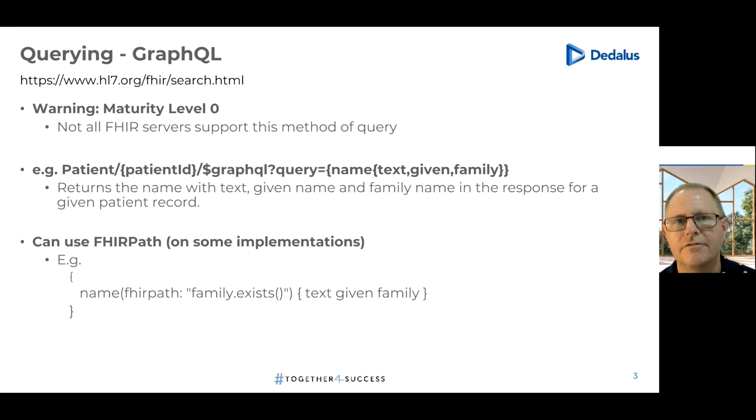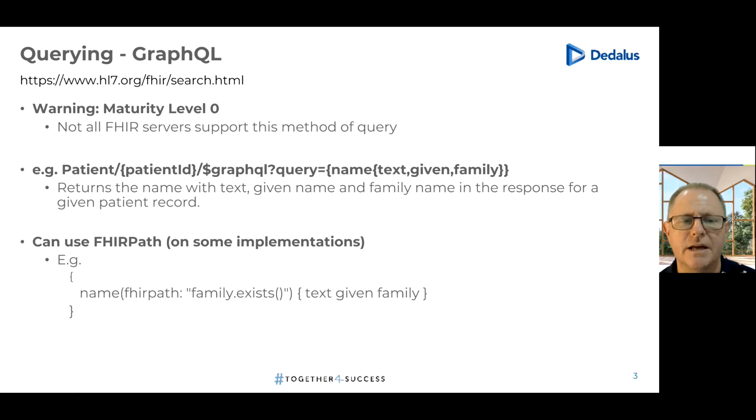So it's really good for querying a small part of the FHIR server and getting back just the targeted information that you want. We can also use FHIRPath, the FHIRPath language, to define what filtering we might want from a GraphQL perspective.